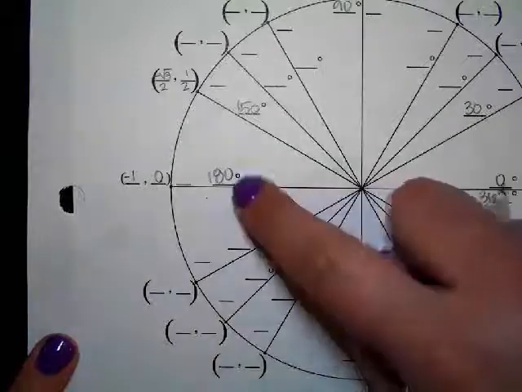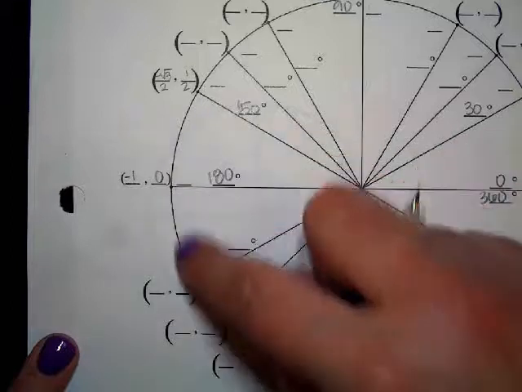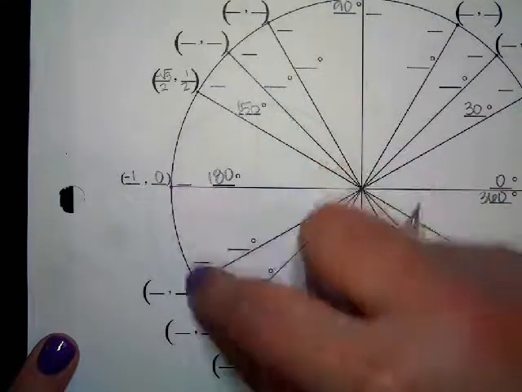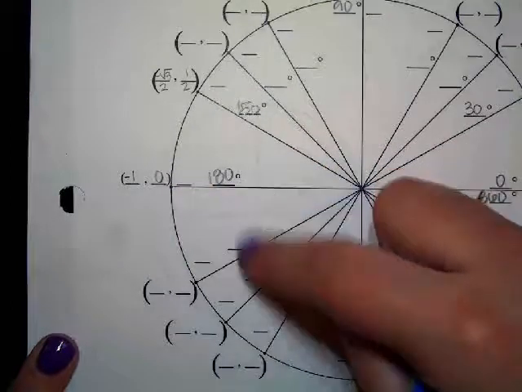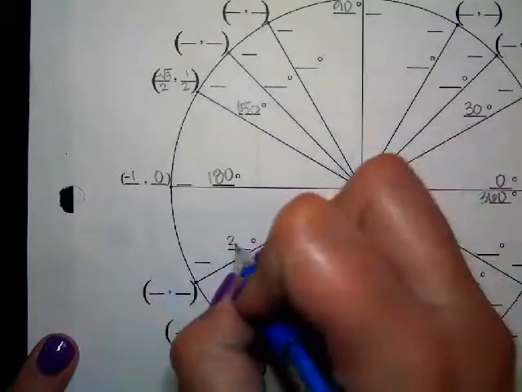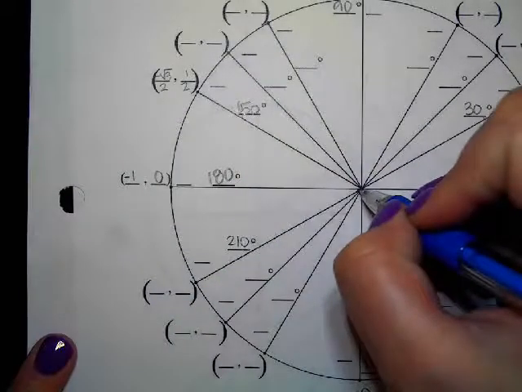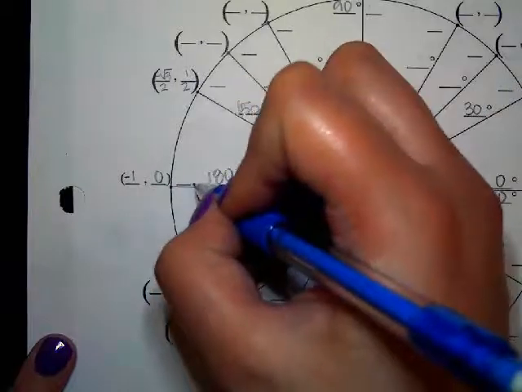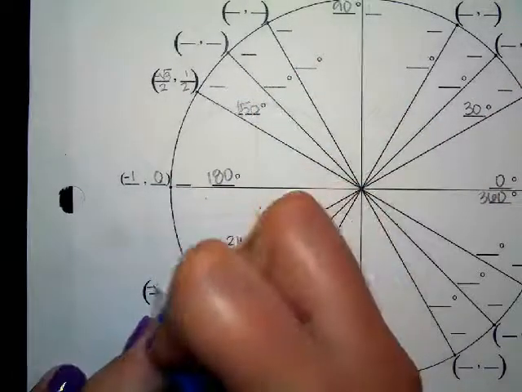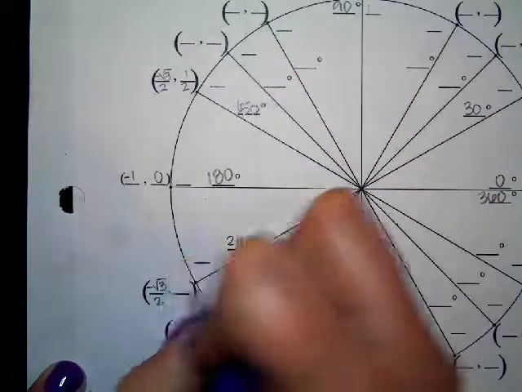Okay. Now if that's 180, we can build this triangle down here as well. So 180 plus 30 is 210 degrees. So we can go left √3 over 2, down 1/2, negative √3 over 2, down 1/2.